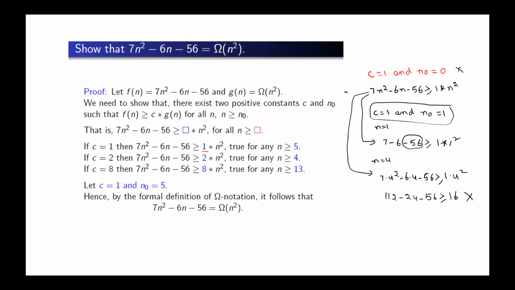That's why c equal to 1 and n naught equal to 5 satisfies. Like that, there are different constants we can find. Hence, this is true. So we give only one value for C and one value for n naught. That is sufficient.